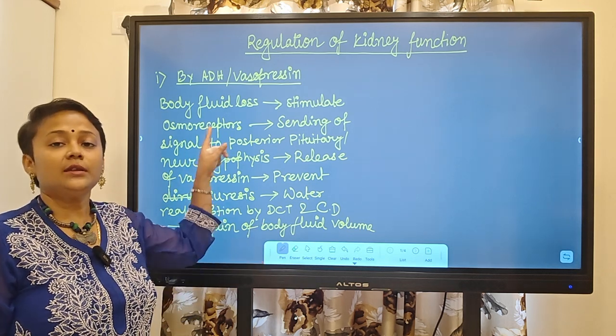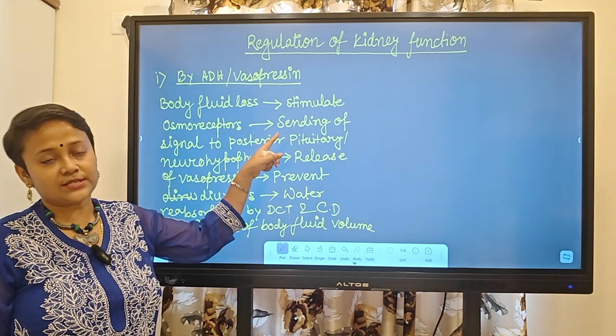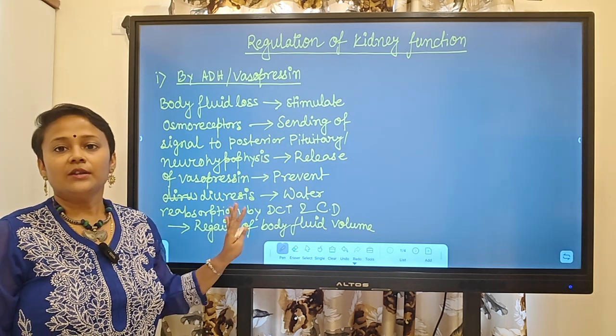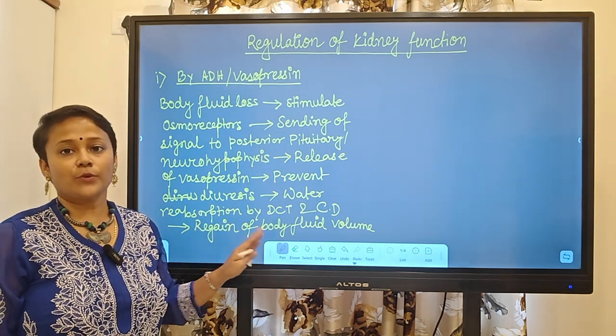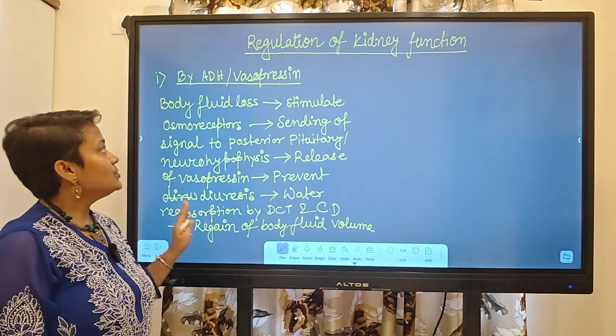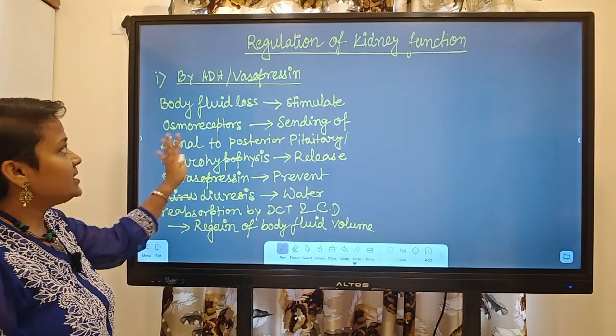It will inhibit ADH release from the posterior pituitary, so the release of ADH will be stopped. Right? So this one is by ADH.